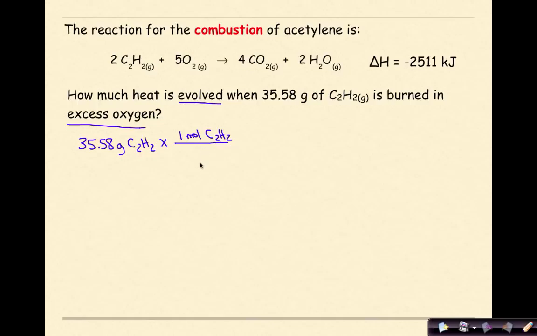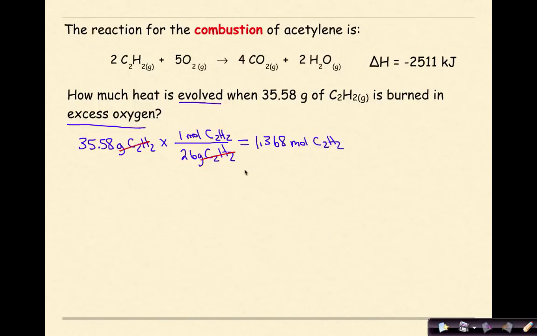And the gram formula mass of that is 26 grams of C2H2, because you should always label equals, and then I know that grams will cancel grams, so I'm going to do 35.58 times 1 divided by 26, and I'm going to get 1.368 moles of C2H2.